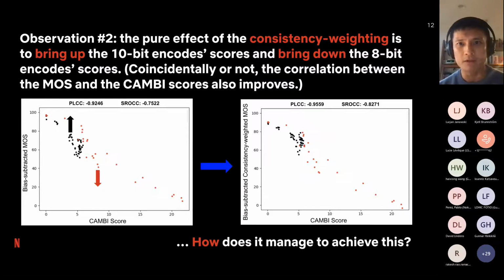The net effect of having this consistent weighting, which is the part that the second analysis method has but the first doesn't have, is that it brings up the 10-bit encode scores and brings down the 8-bit encode scores. And very interestingly, coincidentally or not, the correlation between the MOS and the Canby score also improves. So the question is, how does consistent weighting manage to achieve this effect?